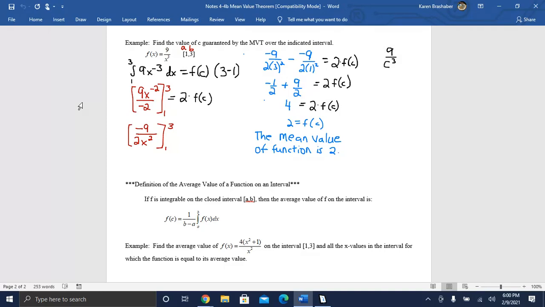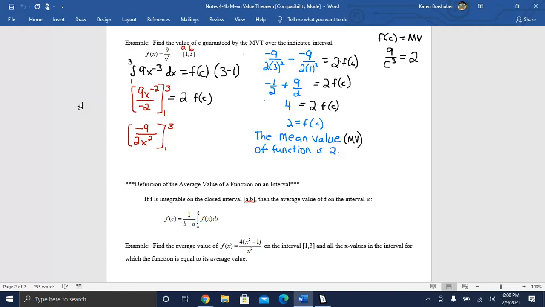So 9 over c to the third equals my mean value, which is 2. So again, we did f of c. We just plugged in our c into f of x and set that equal to the mean value. And I'm going to make sure you know what that abbreviation is.